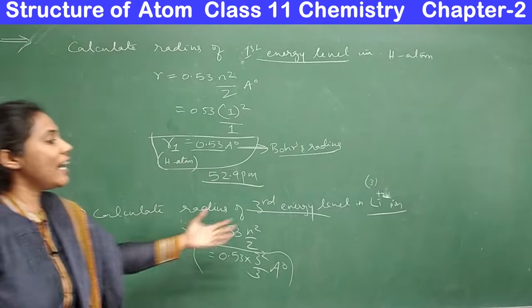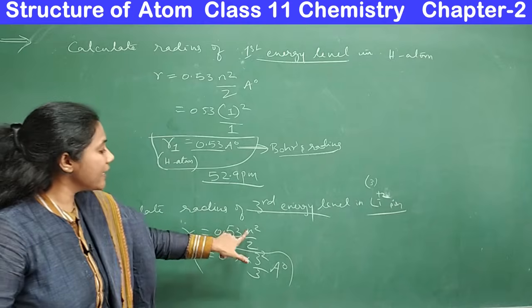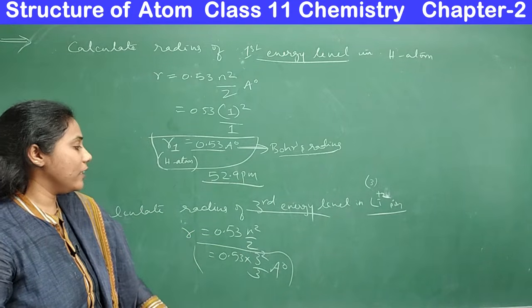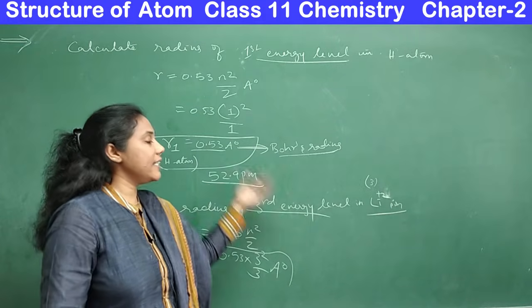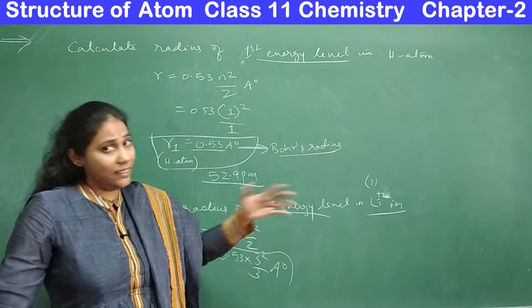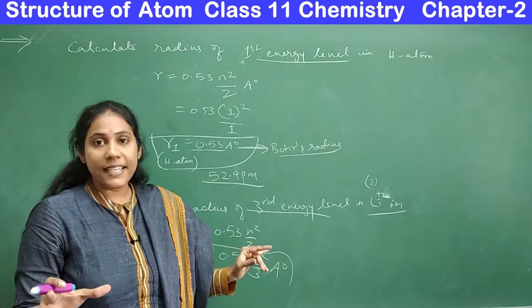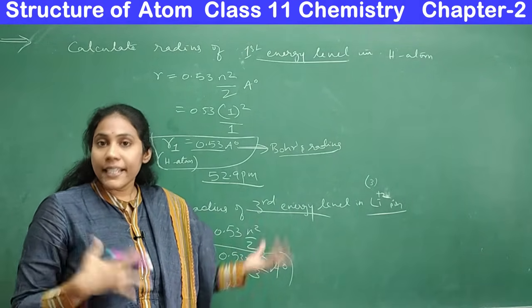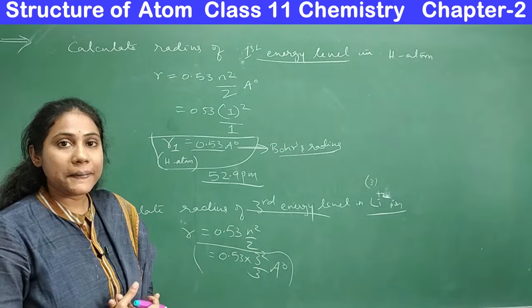So this is how they can ask for other single electron species also. Concentrate here on what the n value is and what the Z value is. Sometimes they will mention the radius of the first excited state or the second excited state. Excited state, you must know the meaning. First excited state means n is equal to 2, second excited state means n is equal to 3. That you have to substitute and calculate.